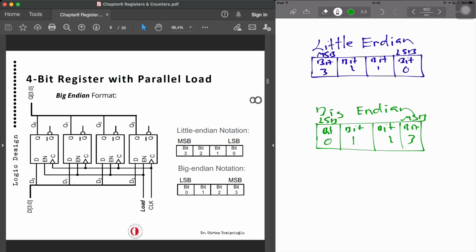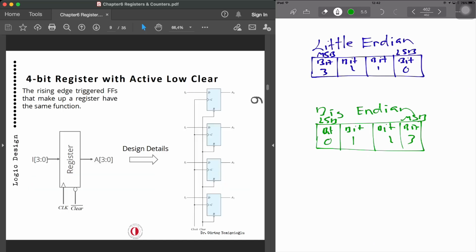Okay, so if we carry on, 4-bit register with active low clear, as I already mentioned, you can add an asynchronous set or reset to the registers, like we have done with the flip-flops. So active low clear will clear the registers whenever we press it, asynchronously.